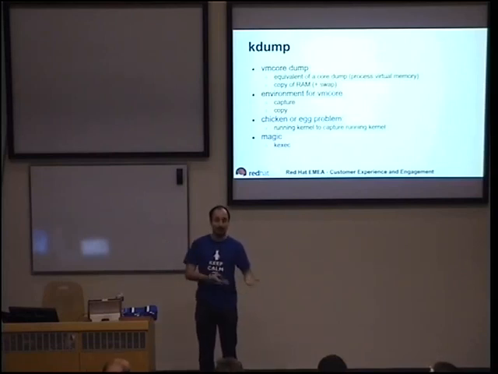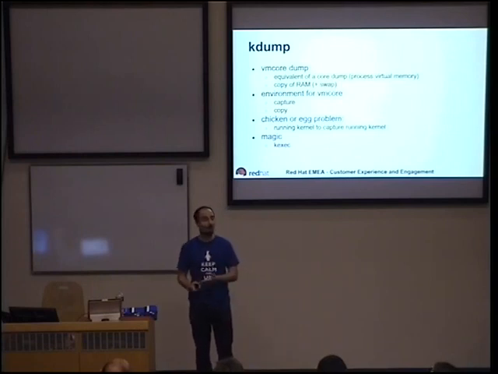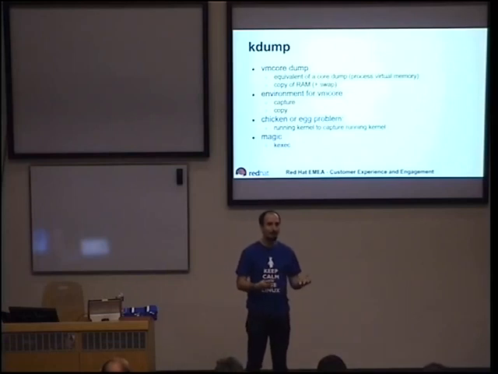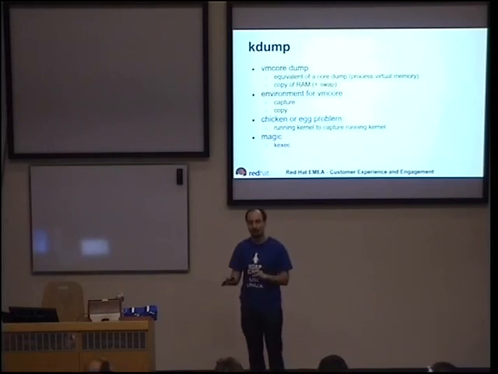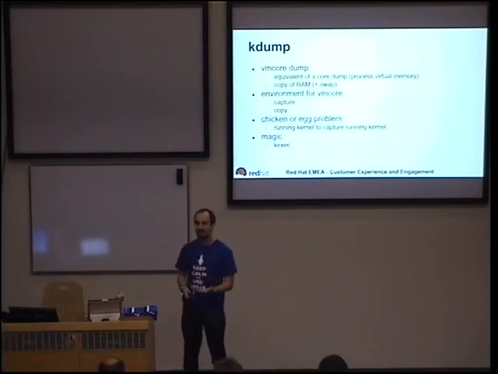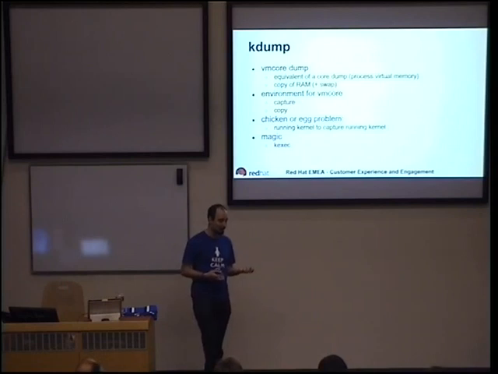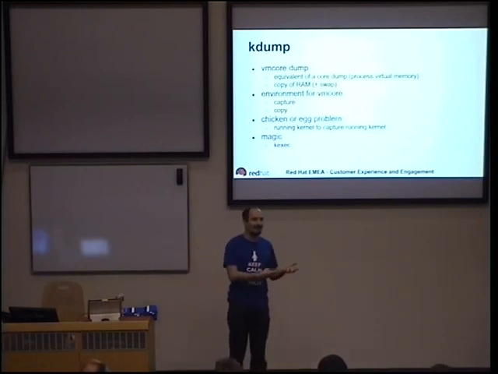This tool called Kdump will take care of that. When the kernel panics, so we go through that panic phase, Kdump will start up and copy the contents of the RAM and swap into this vmcore file and store it on some persistent disk so we can access it later. But there's a problem. Kdump is something that needs to be running on the system.